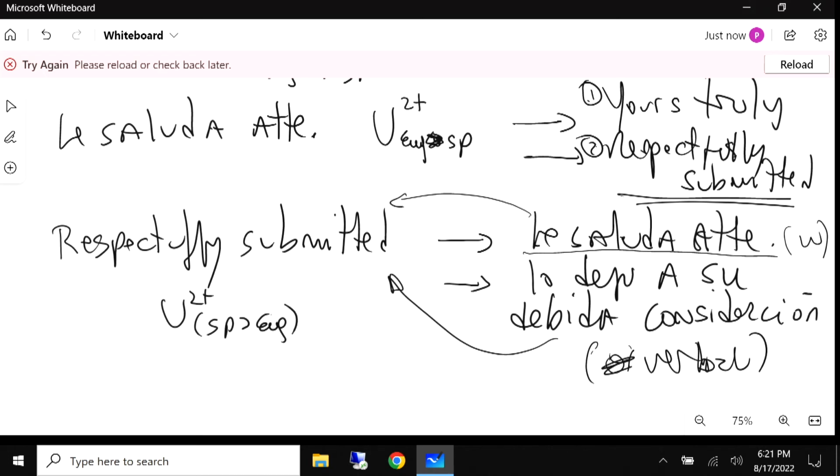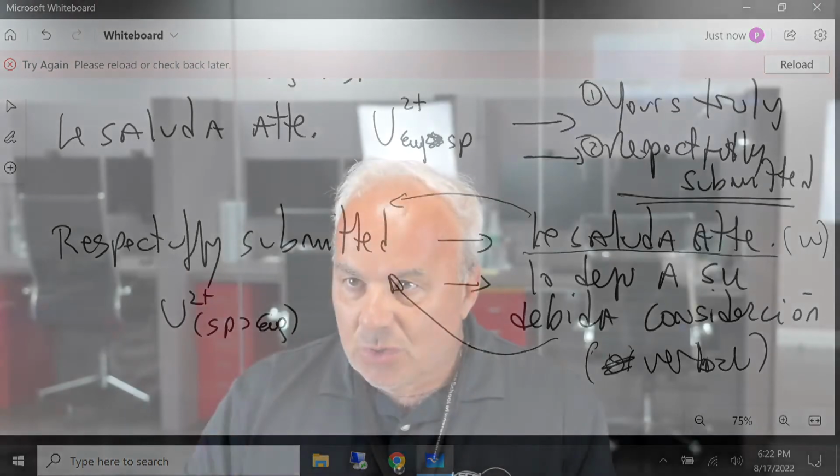Therefore, if I have to transfer "respectfully submitted" from English into Spanish, I have to ask myself: is this a letter or is this a verbal request? That's all. If it's a letter, "le saluda atentamente." You can even add "su más fiel y seguro servidor" if you want to. But if it is not a letter, we say it verbally. This is the main reason, what I just explained.